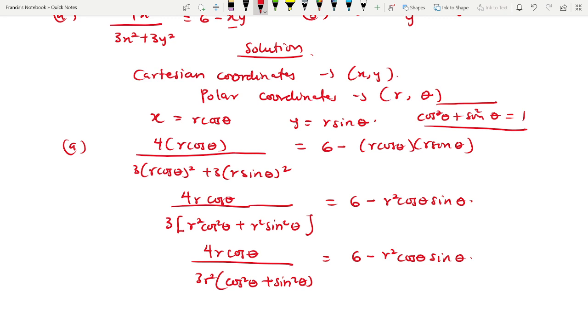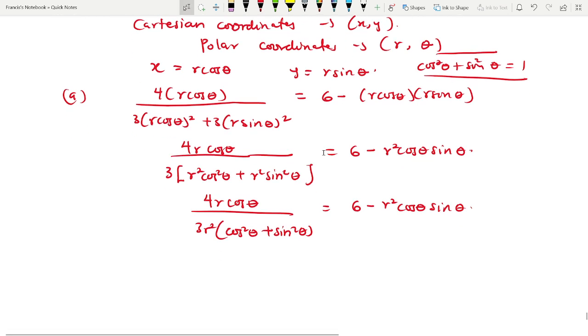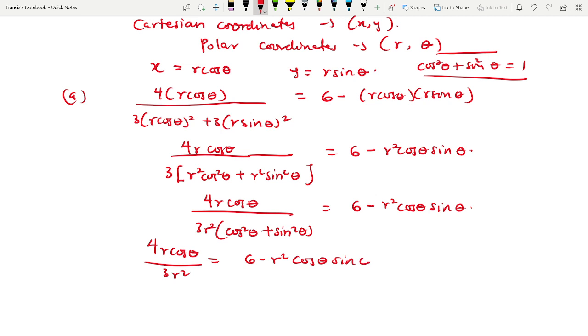It's going to give me 6 minus r squared cos theta sine theta. At this point, as I said, cos squared theta plus sine squared theta is always giving us 1. So referring to the trig identity, I can go straight and say 4r cos theta over 3r squared is going to give me 6 minus r squared cos theta sine theta. Can you do any further simplification?